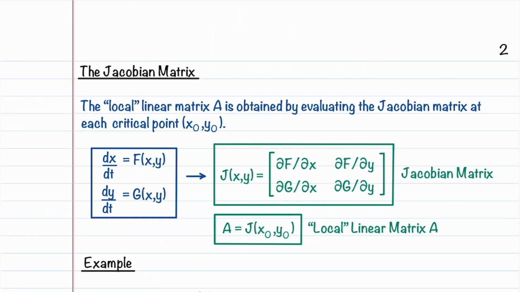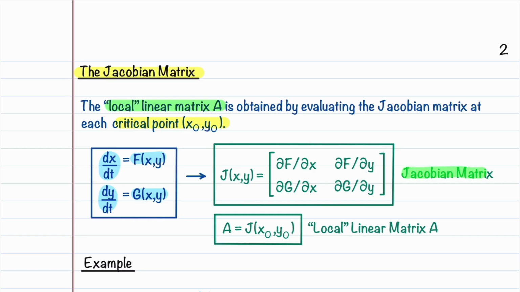We're going to use the Jacobian matrix to find this local linear matrix A. We'll evaluate the Jacobian at each critical point that we're going to call (x0, y0). The nonlinear system is dx/dt equal to a function f of x and y, and dy/dt is a function g of x and y.